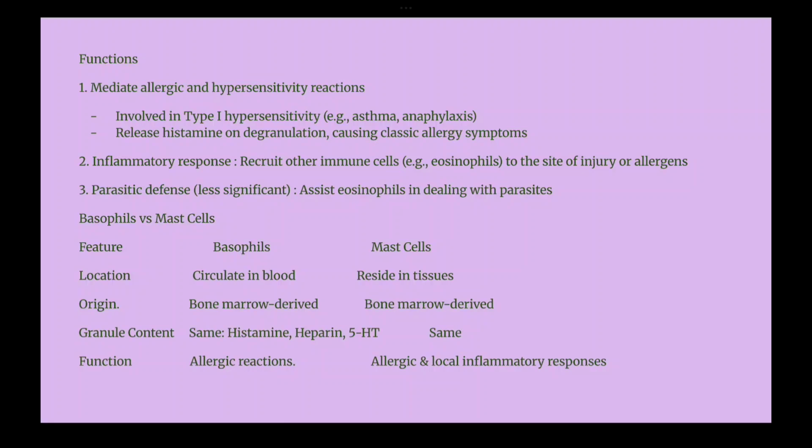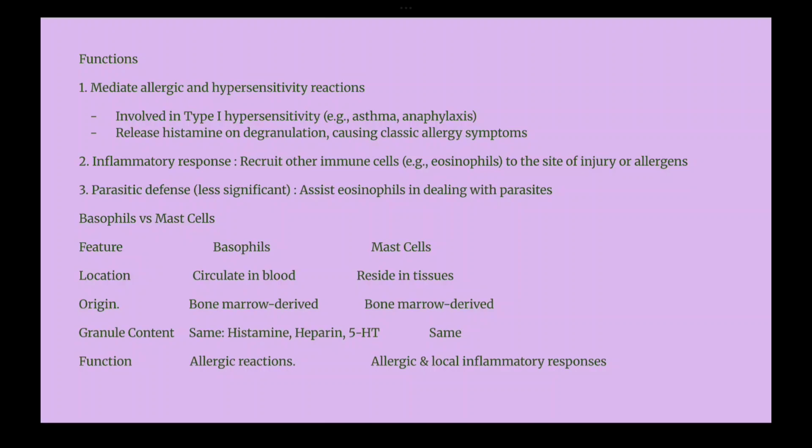These basophils are involved in the release of histamine and degranulation and cause the classic allergy symptoms like rash, redness, or fever, etc. The inflammatory response happens by allowing the immune cells to be present at the site of injury or allergens. The parasitic defense is less significant and assists the eosinophils in dealing with the parasites.